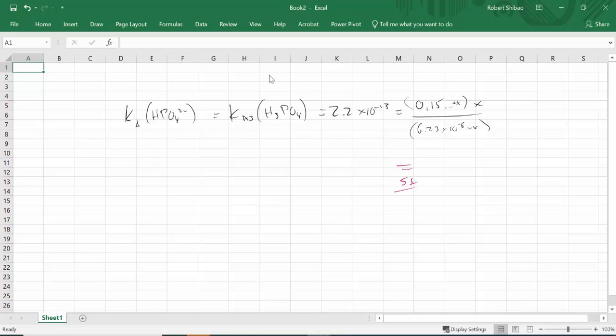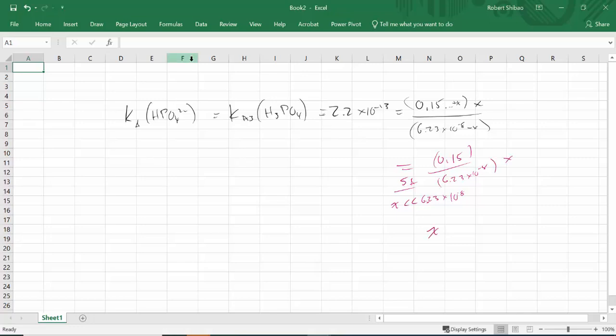And so what I mean by advanced, I might just do this for the numerator. I might make the simplifying assumption for the top, or I might try for both. If I try for both, then I have to say that x is going to be much smaller than 6.23 times 10 to the minus 8 and see what happens. If I do that, then the x drops out of the binomial terms here, and we just get x.